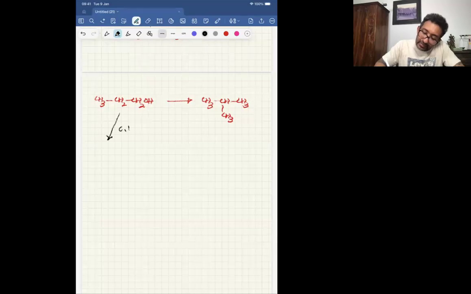Concentrated sulfuric, 170 degrees Celsius. Get CH3, CH, double bond CH2.